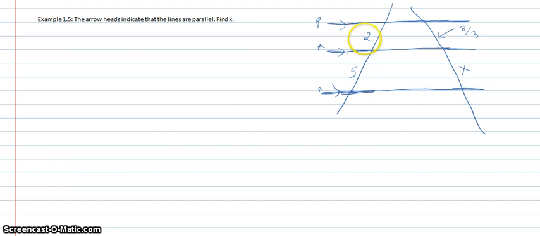That same scale factor that would multiply 2 to get 8/3 is what I'll use to multiply by 5 to find out what x is. So I'm going to have 2 times the scale factor. I'm going to use f would equal 8/3. And what I'm going to do is just divide both sides by 2.